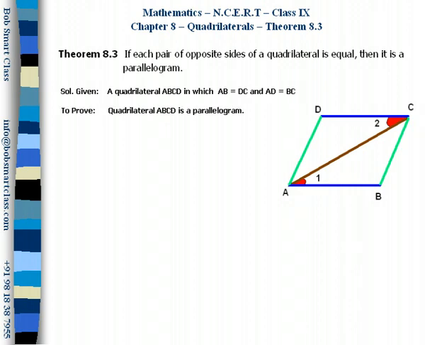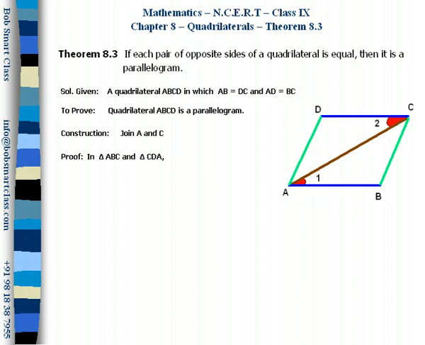To prove, quadrilateral ABCD is a parallelogram. Let's join A and C, which produces a diagonal for this quadrilateral, and it divides this quadrilateral into two triangles ABC and CDA.